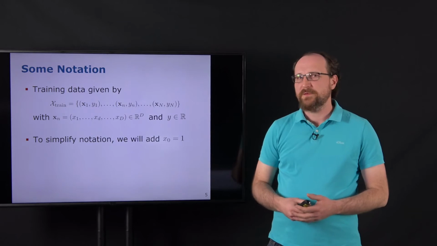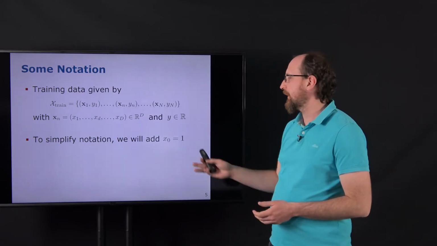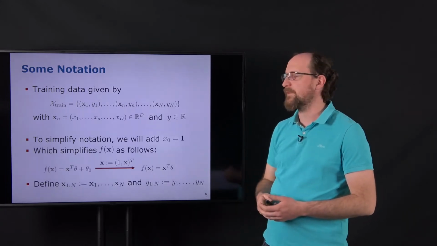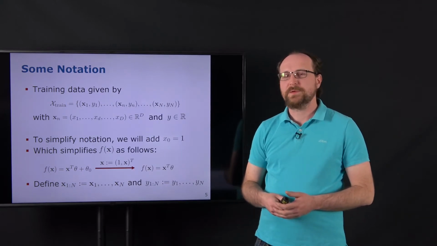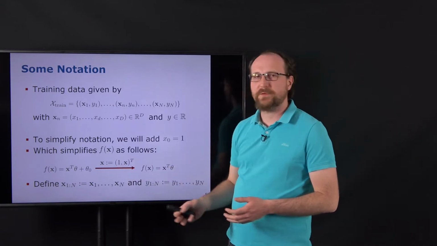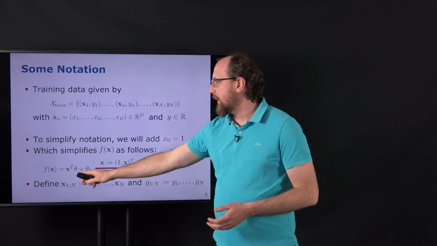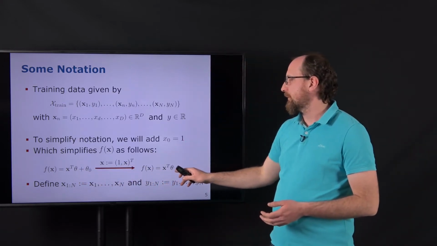To simplify the notation a little bit, we are adding x0 and setting it to 1. This has the advantage that we can then write the functional representation in a shorter form. When we put this 1 in front of the vector, we can replace x transpose theta plus theta 0 with x transpose theta.